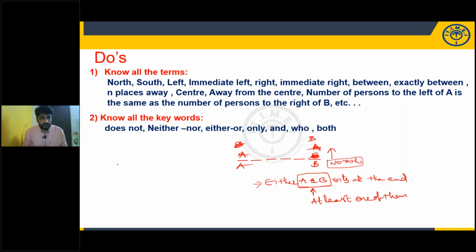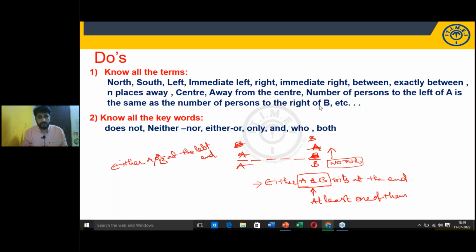For example, if it is mentioned either A or B at the left end, is it only one of them or both? Now it is only one of them.